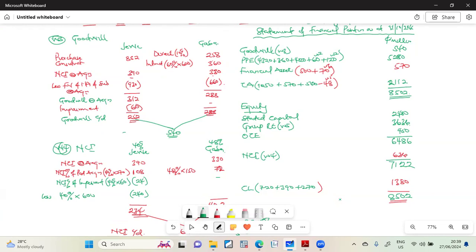Then Biden also acquired 80% in Yedun. So that one is vertical, so you can do that one too. You can test your question 2 even before tomorrow. You can try it. It's vertical.